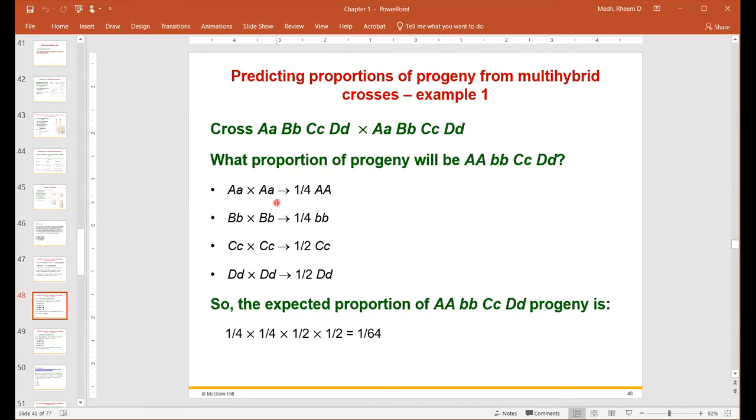AA to Aa to aa is 1 to 2 to 1. Are you all with me? Then the second one is big B. It will be the same for all B, C, D, because they're all heterozygous. You need big A. So anyway, I'm going to write it down just so it's easy for you to track.